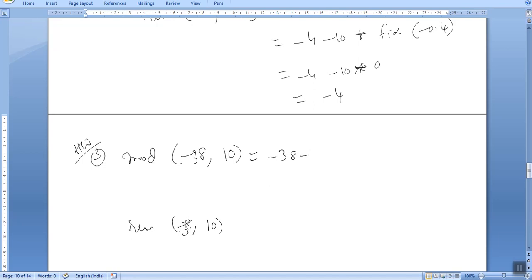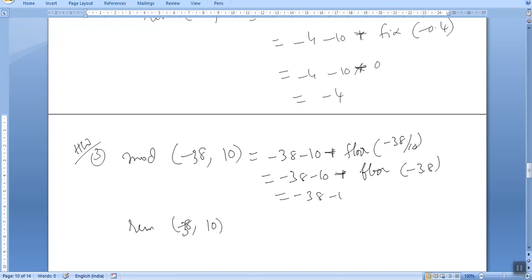Minus 38 minus 10 into floor of minus 38 by 10, that is minus 3.8. Floor is nothing but towards negative infinity, which is minus 4. So minus 38 plus 40 is nothing but 2.